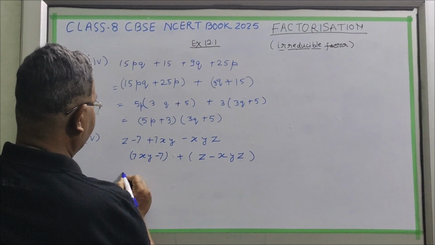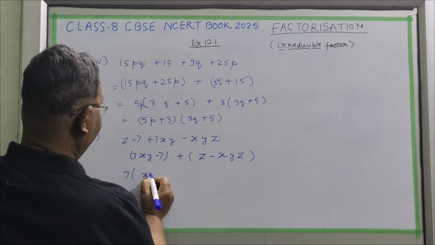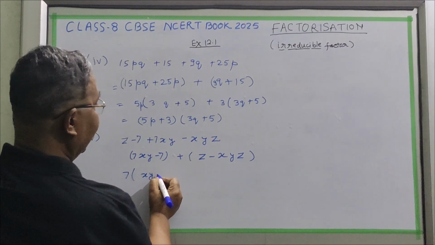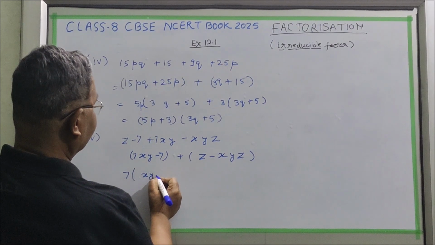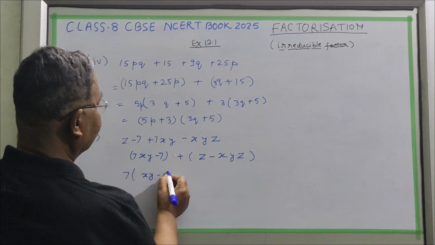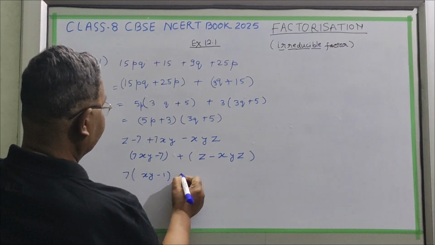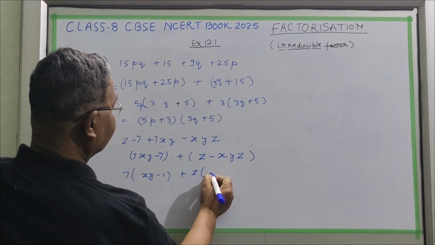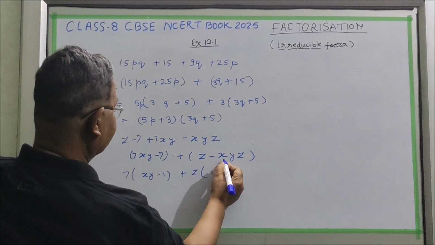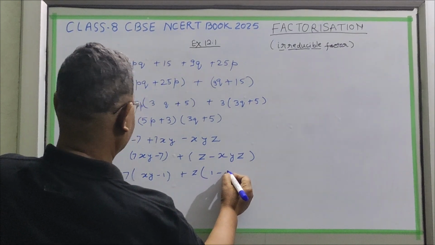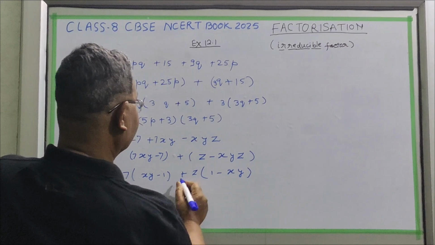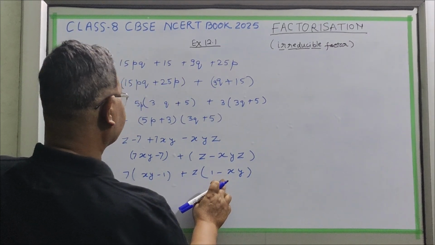Now we'll take common 7xy minus 1, okay, plus if we take out z, so what will remain? 1 minus x and y will remain.